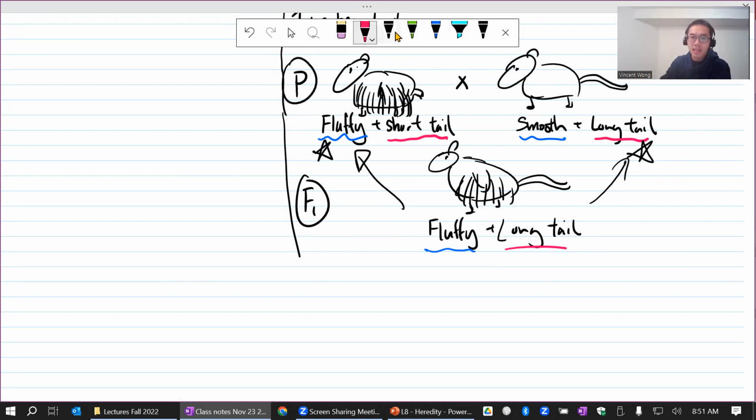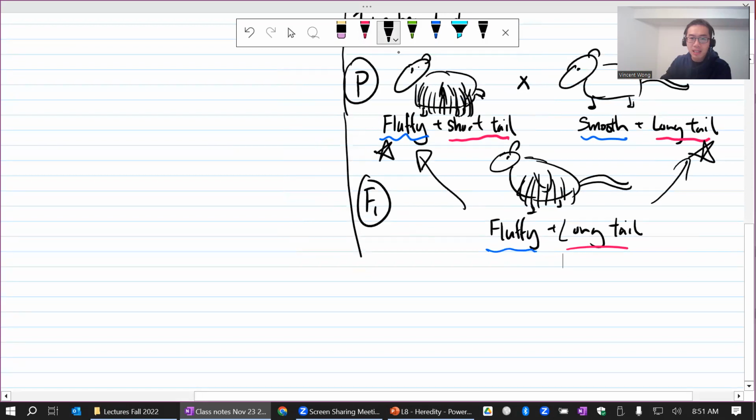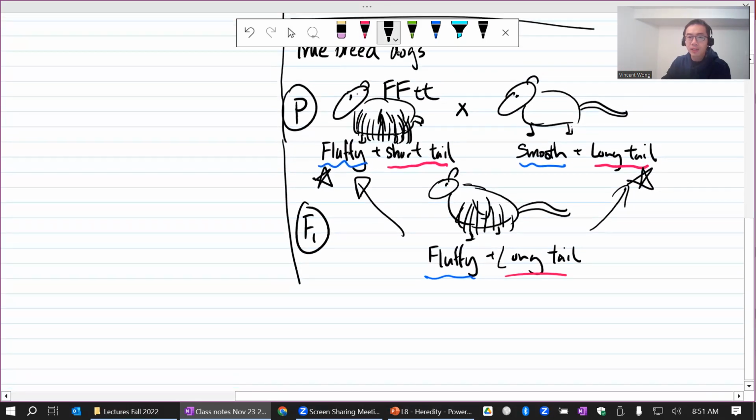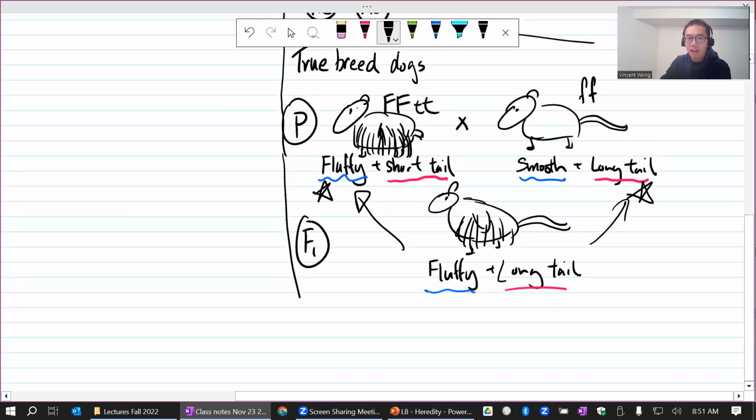Right? So in this case, this parent is going to be big F, and then small t. On the other hand, here it's going to be small f, big T. And 100% of them are going to be big F, small f, sorry, and then big T, small t.